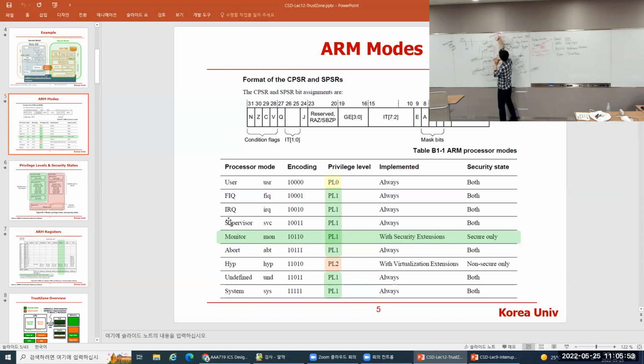The state should be prepared separately for normal world and secure world, two different states.